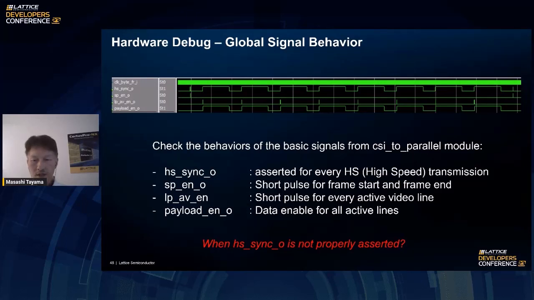LPAVEN is a flag to be asserted in the beginning of every active video line. Payload enable is video data enable. You can check the behavior of these signals and compare with simulation waveforms. Let's think about a scenario when HS-sync is not properly asserted.